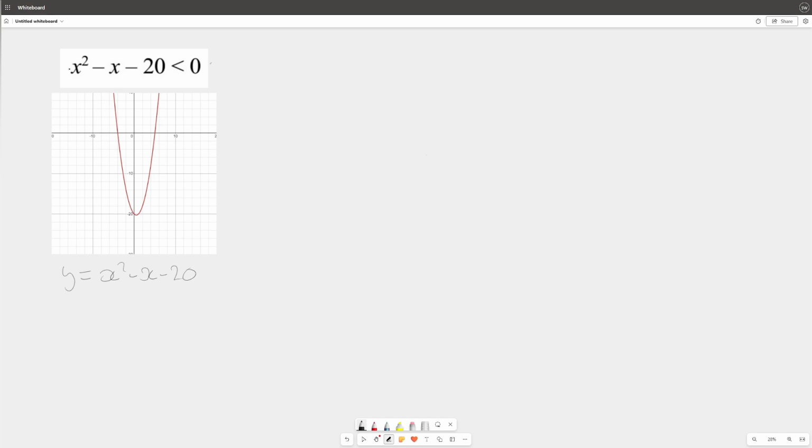Well, it's saying where is this less than 0? So for what values of x would this left side be less than 0? Graphically, this means on this graph, where is this less than 0? Well, it's this area down here. So it's all of this area down here, which is less than 0. That is what we are looking for.